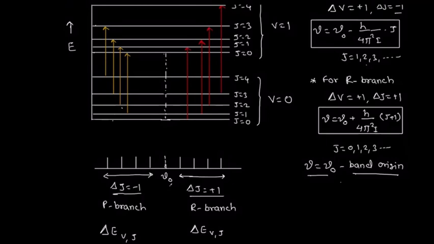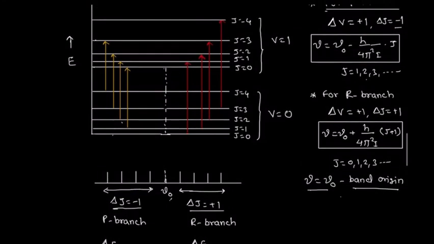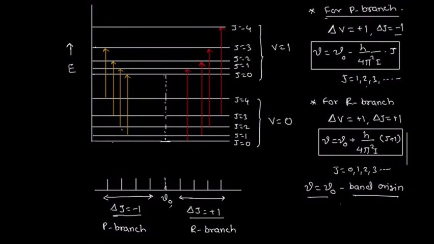The resulting branch is the P branch. In that P branch, the frequency of the absorption of radiation is nu equal to nu 0 minus h divided by 4 pi square I into j, where j starts from 1, 2, 3 and so on.